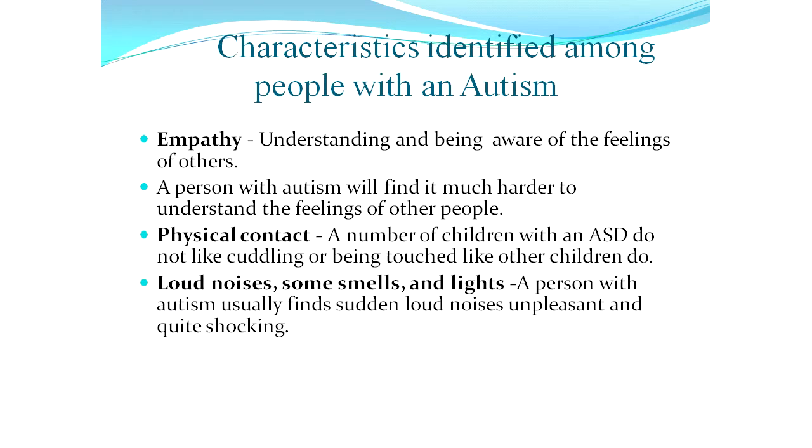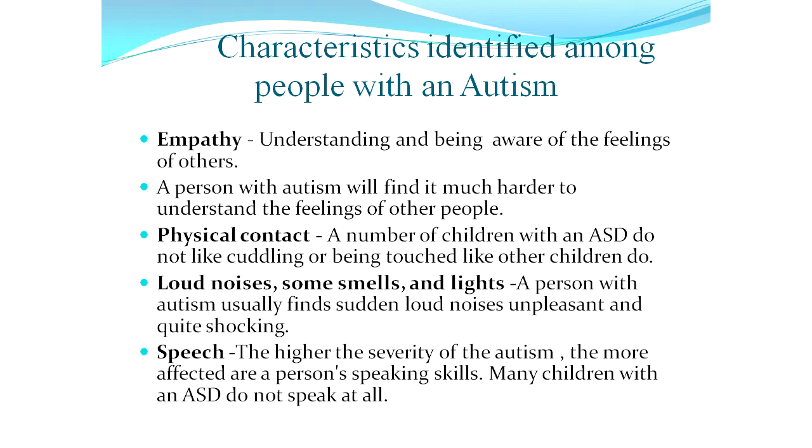Loud noise. Some smells and lights also affect a person with autism. Speech. The higher the severity of the autism, the more affected a person's speaking skill is. Many children with ASD do not speak at all.